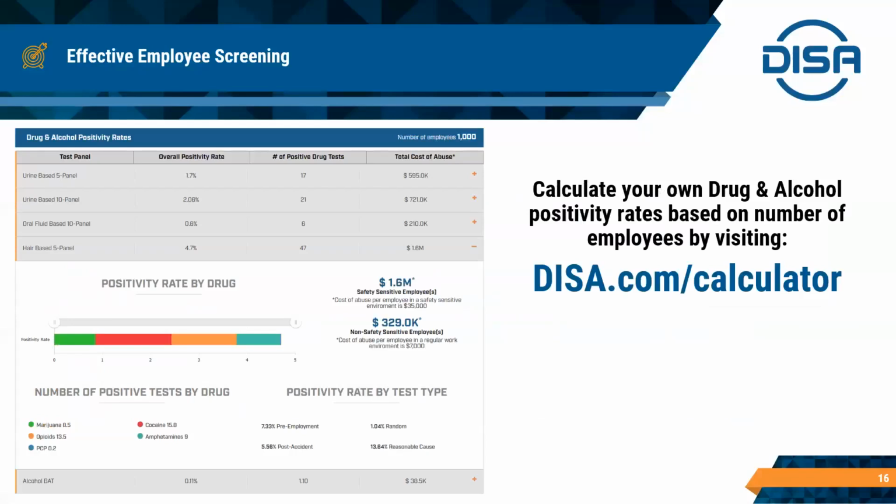Now the reality is with safety and security sensitive employees and job functions, the damages can be significantly higher. And so we've put together an estimate in the safety-sensitive environment of $35,000. And so you can see how significantly these individuals can impact your business on a day-to-day basis.